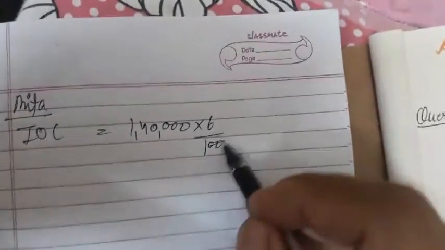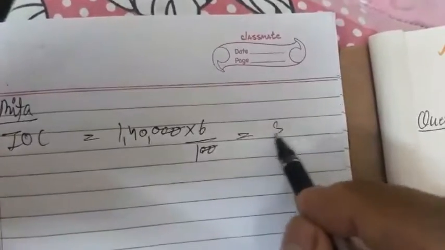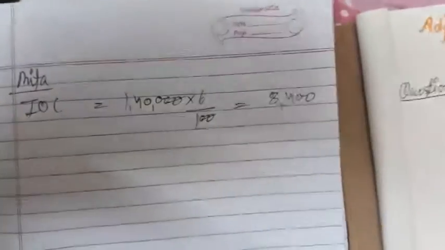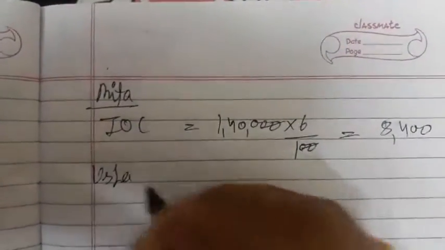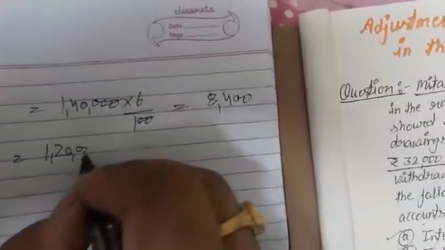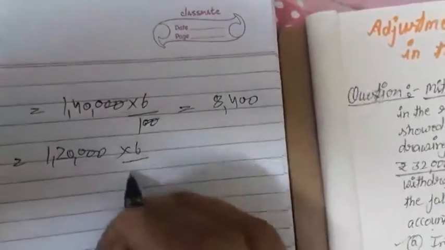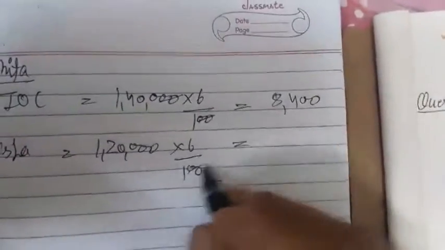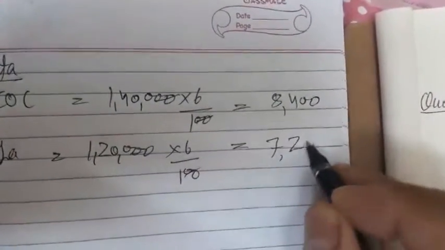For the complete year this will be 8,400. Similarly for Usha, capital is 1,20,000, and the rate of interest is 6%. If we calculate this, it is 7,200.